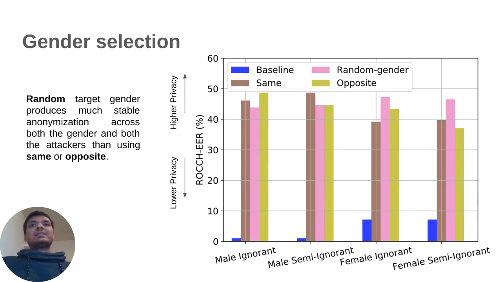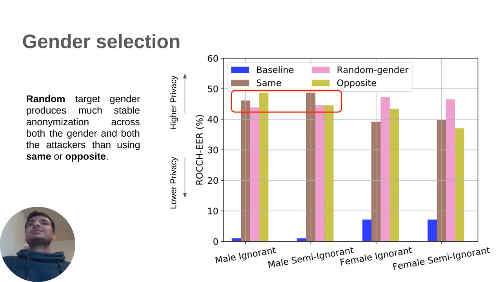Now let us look at the gender selection results. We obtain something interesting here. If you look at the male case, you may notice that when we select the target pseudo speakers from the same gender, the semi-ignorant attacker performs much better, but the ignorant attacker performs better when we select the target pseudo speaker from the opposite gender, while the random gender selection maintains the same equal error rate in both the cases.